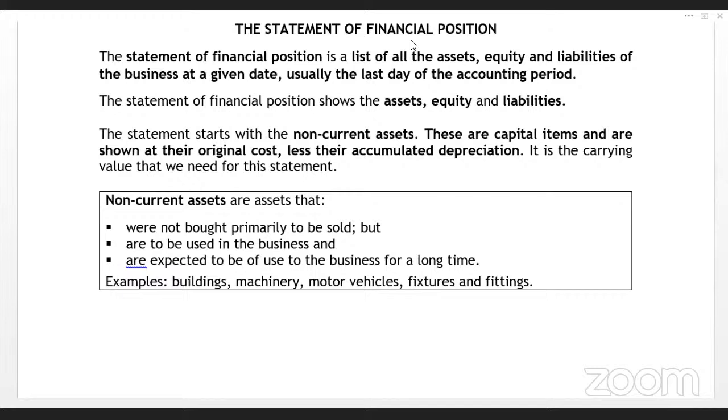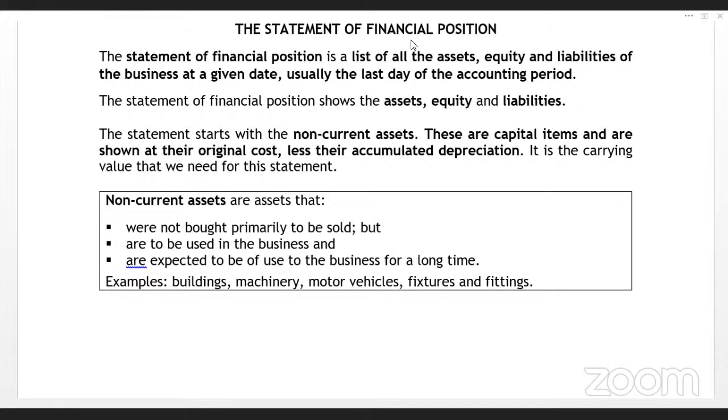They are expected to be of use to the business for a long period of time. Examples include buildings, machinery, motor vehicles, fixtures and fittings, land, furniture, etc.